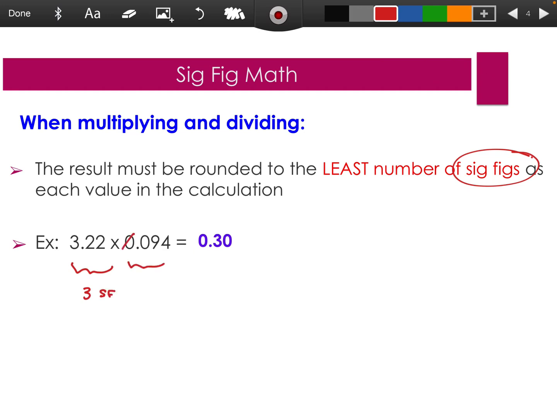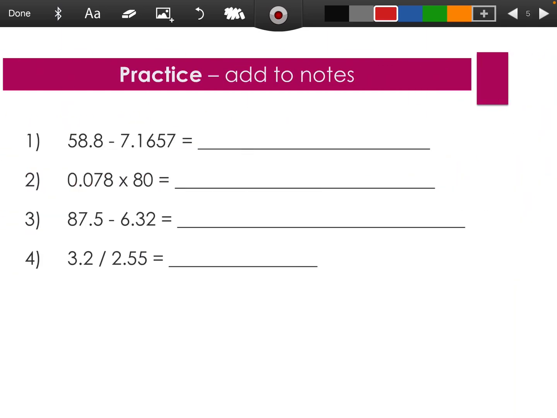In this second measurement, these are leading zeros, so those do not count as significant, so this would have 2 sig figs. SF is just my abbreviation for sig figs. So our answer has to be in 2 sig figs, so we would round our final answer off to 2 sig figs. Again, when you're adding and subtracting, you look at the least number of decimal places. When you're multiplying and dividing, you look at the least number of sig figs.